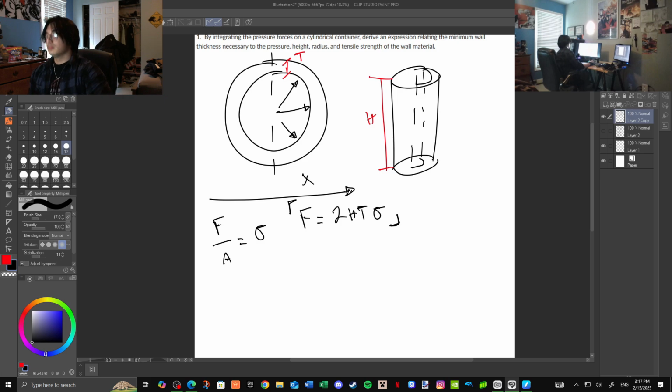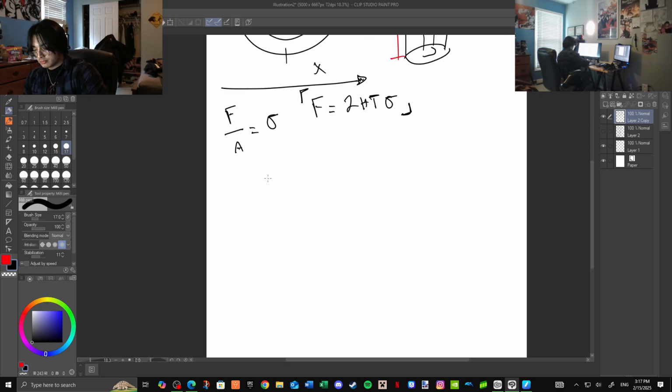Since we need to find the total horizontal force for this specific section, we're going to need to use an integral. We can represent that integral as the integral of dF of x, which can also be represented as the integral of pressure times dA.